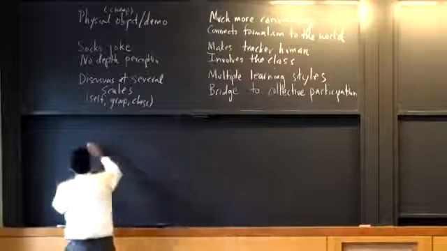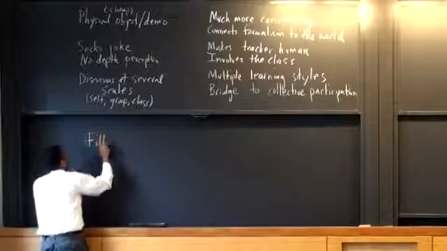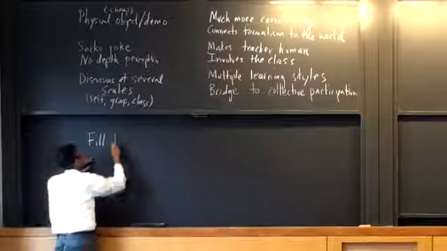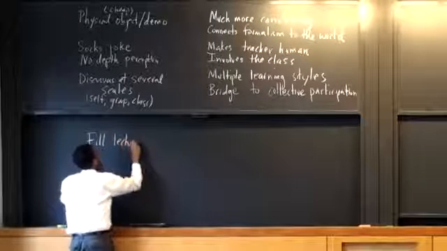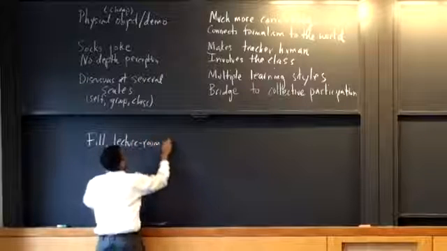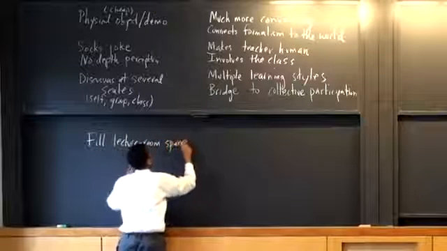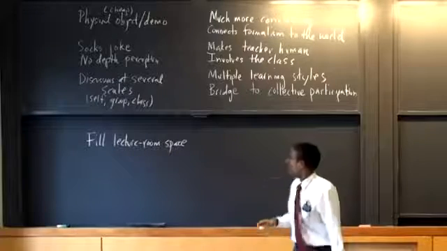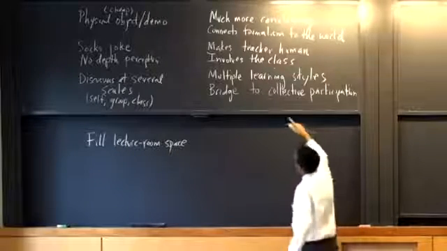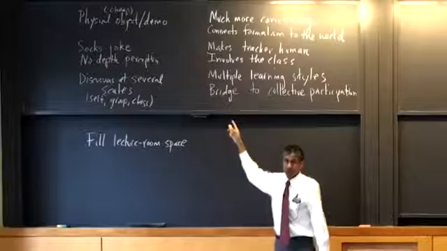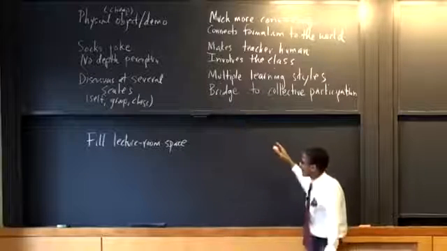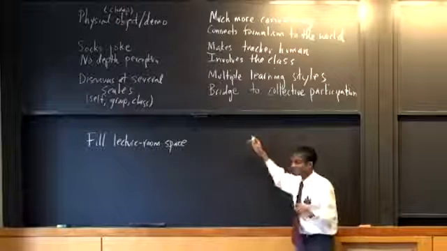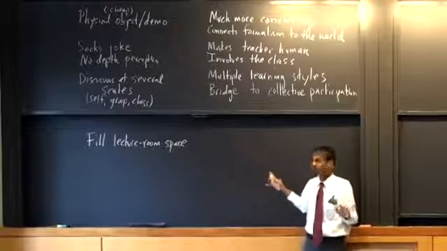So, filling the lecture space. What's the educational reason for that? Well, in a way, it's the opposite of the socks joke. In one way, it's the opposite. In another way, it's the same. It's showing that the teacher is human and that teaching is a human activity.